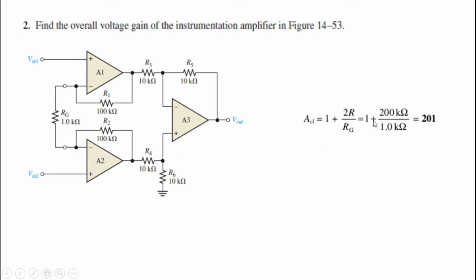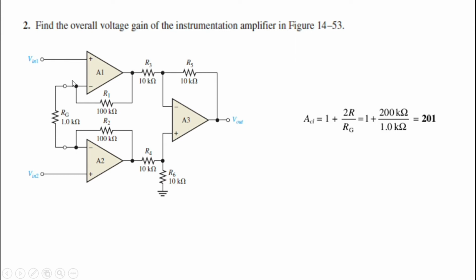If you simplify that, you get 1 plus 200 kilo ohms upon 1 kilo ohm. So the overall closed loop gain for this instrumentation amplifier is 201.